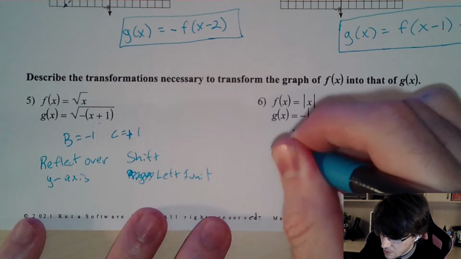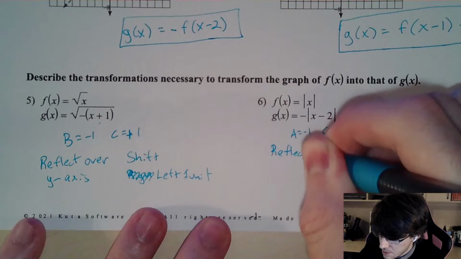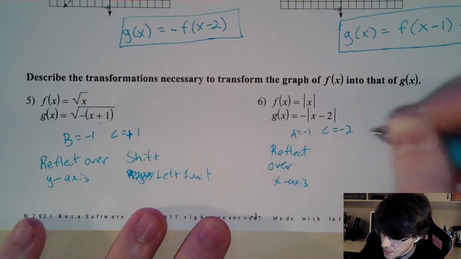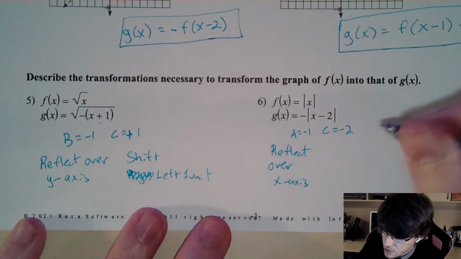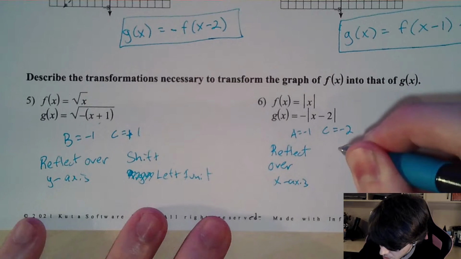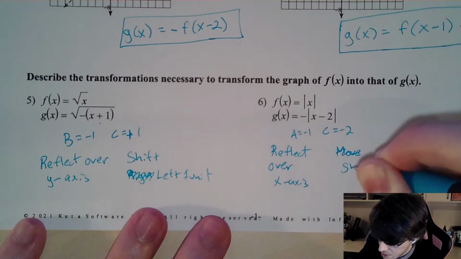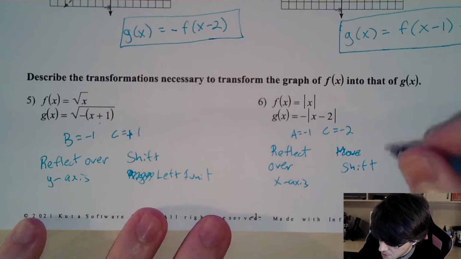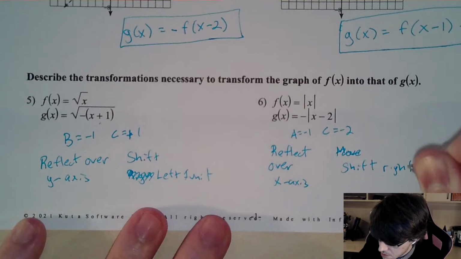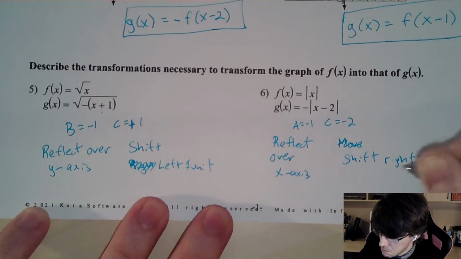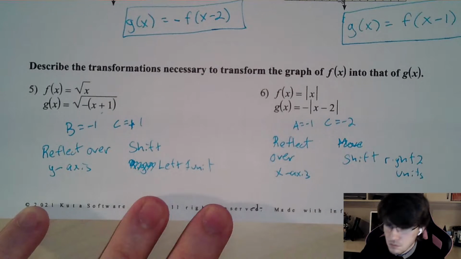So this is going to be a reflect over the x-axis, and this guy right here is going to be a shift to the right 2 units. And there you go.